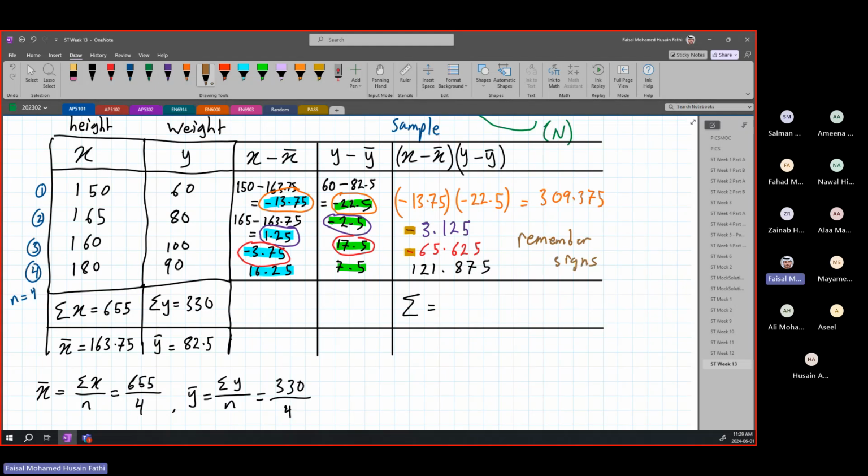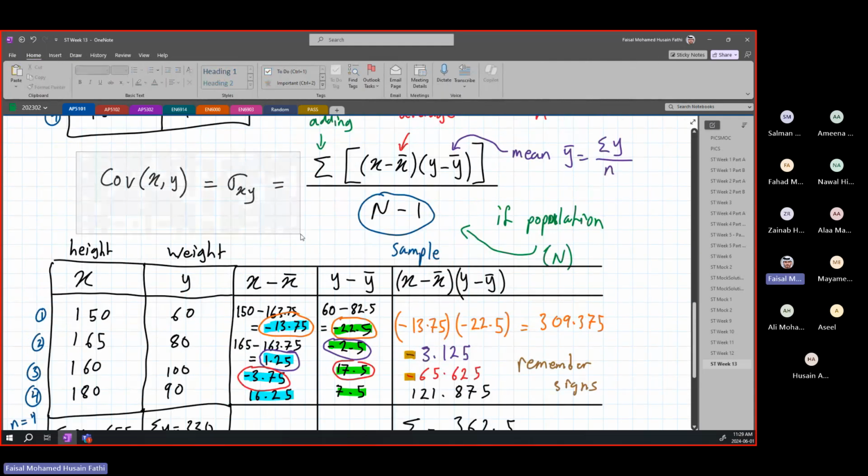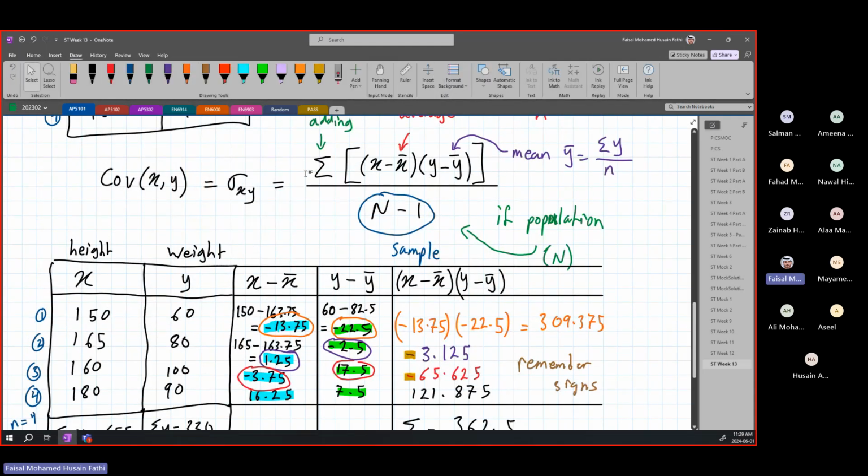Do not just start adding without the signs. So plus and minus becomes minus 3.125, minus 65.625, plus 121.875. It's going to give us 362.5.